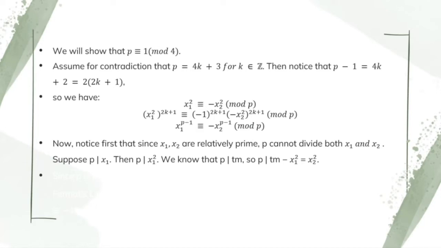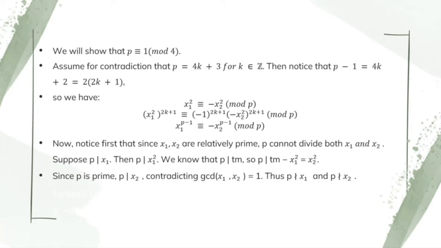Suppose x1 is divisible by p, then x1 squared is divisible by p also. We know that tm is divisible by p, so tm minus x1 squared, which is x2 squared, will be divisible by p. Since p is prime, x2 is divisible by p, which contradicts the greatest common divisor of x1 and x2 being equal to 1. Thus, x1 and x2 cannot be divisible by p.